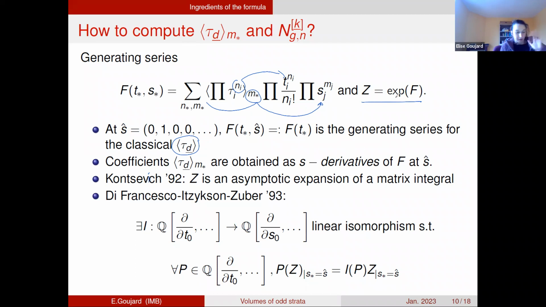And actually, the reason that I use to compute these coefficients is the correspondence of Dixon-Zuber.